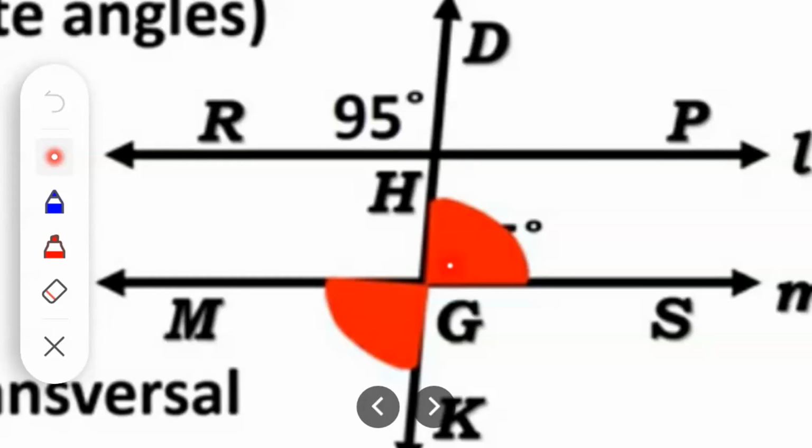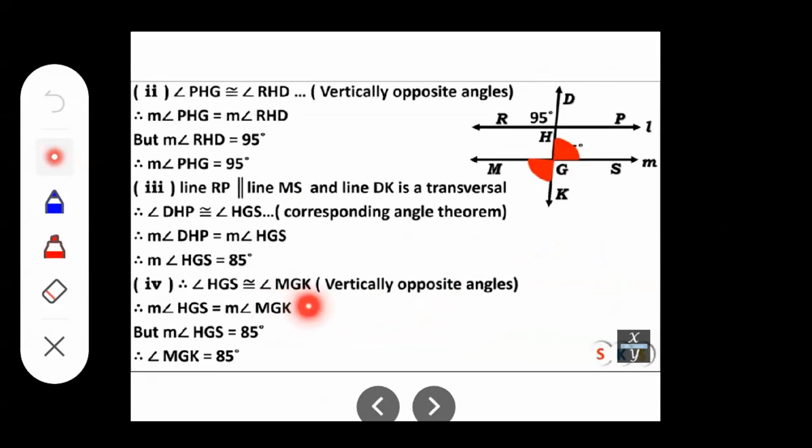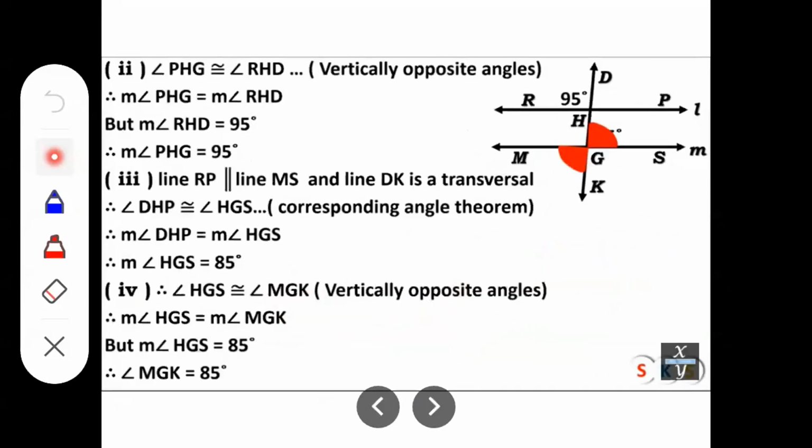But the very easy way, without calculation, is corresponding angles. This angle and this angle are corresponding angles, and we know corresponding angles are congruent to each other. So let's write the easy solution here: angle DHP is congruent to angle HGS.